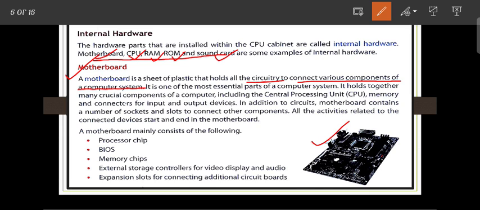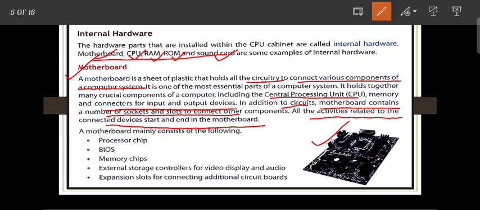It is one of the most essential parts of a computer system and it holds together crucial components of the computer, including the central processing unit, CPU, memory, and connectors for input output devices. In addition to circuits, the motherboard contains a number of sockets and slots to connect other components. All activity related to the connected devices starts and ends in the motherboard.